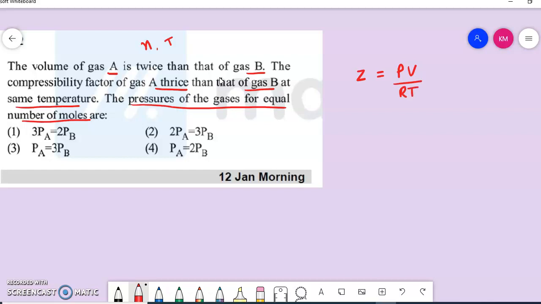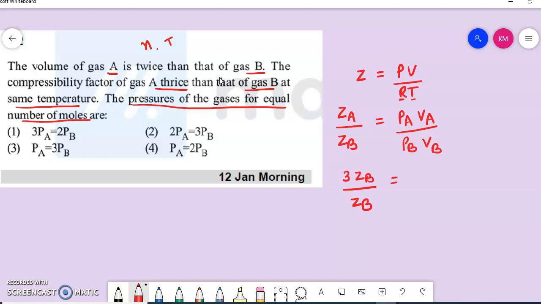But two gases they have given. For gas A, the compressibility factor is ZA, and for gas B, it is ZB. R is constant, T is also constant. So I can write this as PAVA upon PBVB. In terms of compressibility factor, gas A is thrice that of gas B. Suppose for gas B the compressibility factor is ZB, then for A it will be 3ZB.